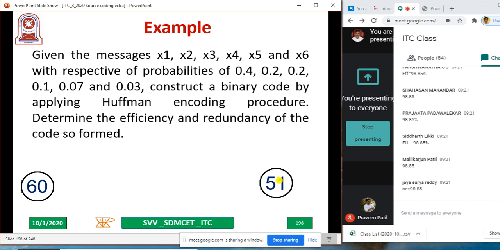And once you complete the codes, you can go for the average length and entropy, followed by the efficiency. Anyway, I'll show you the answers also.